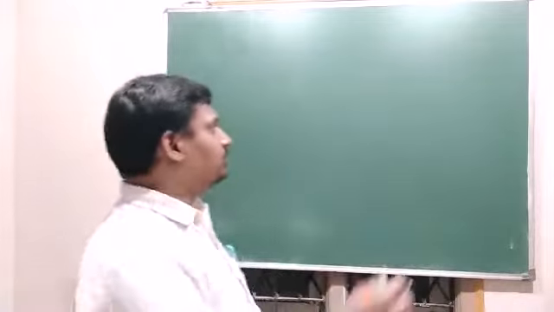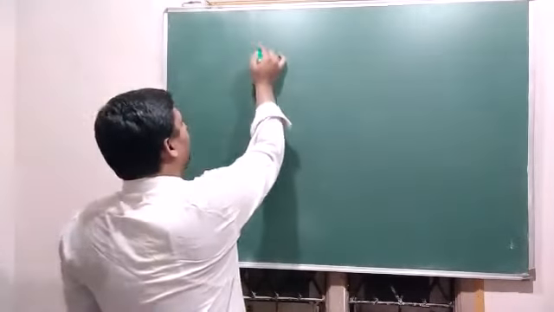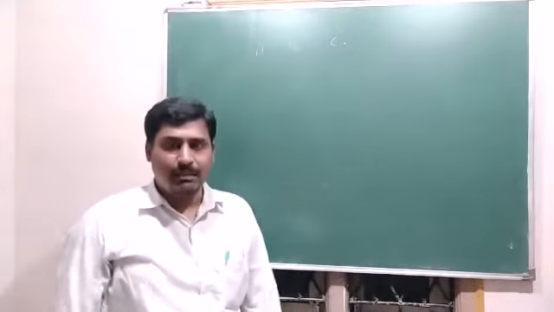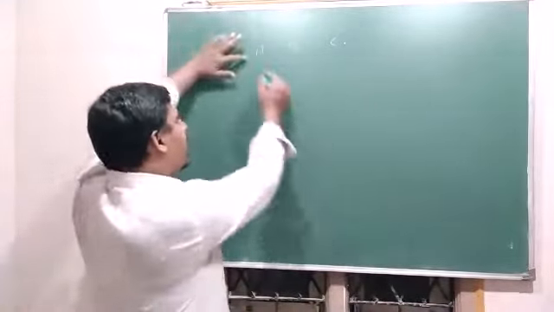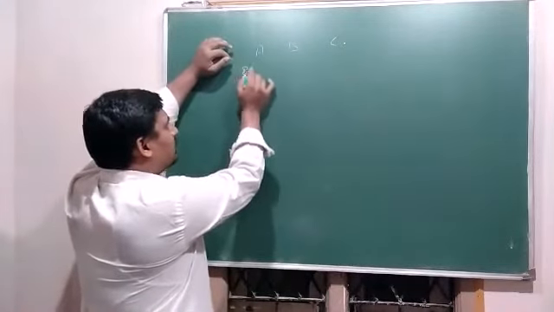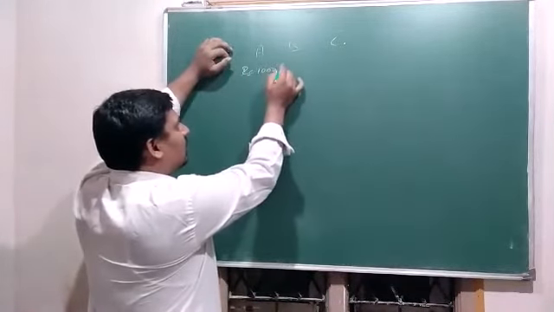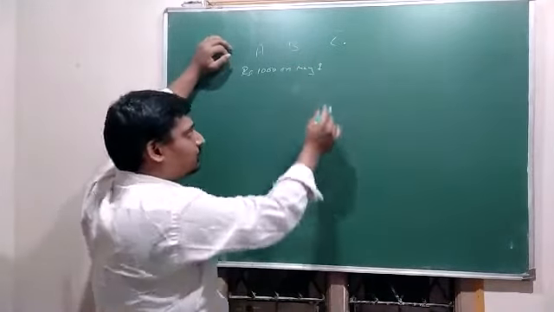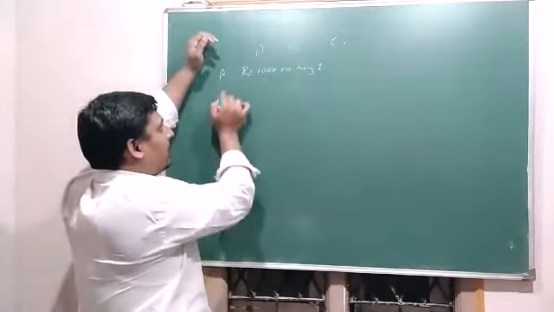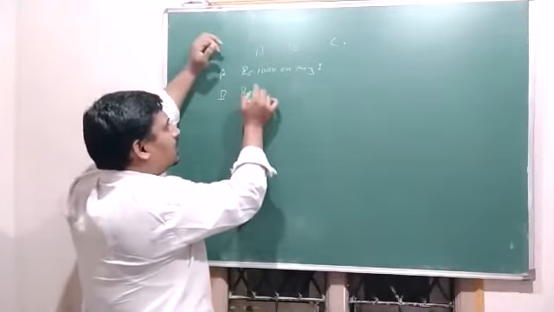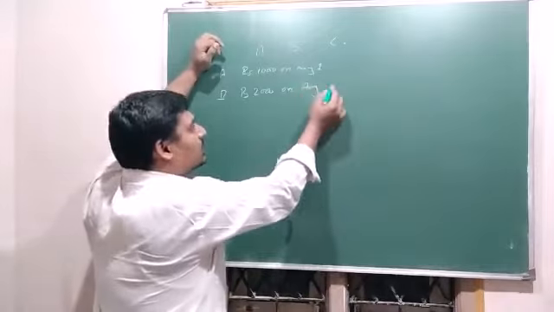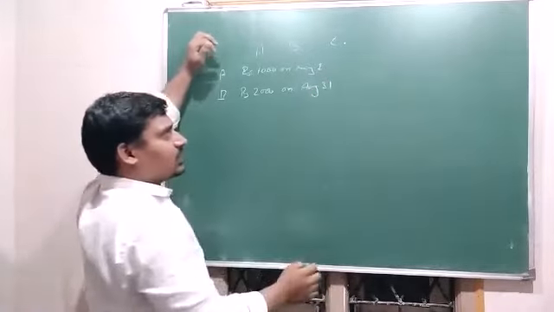A, B and C, 3 partners are there. A withdrew drawings of rupees 1000 on May 1st. Then B withdrew rupees 2000 on August 31st.